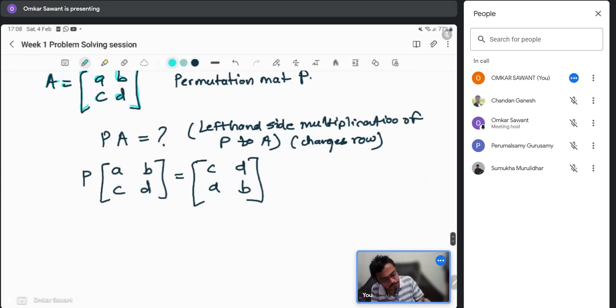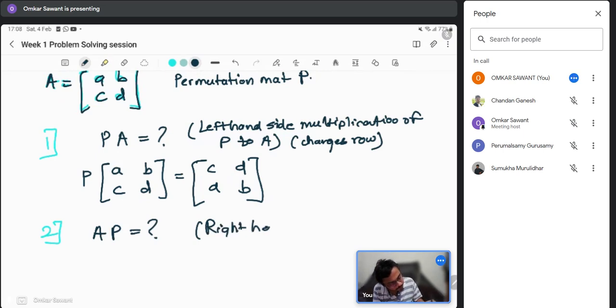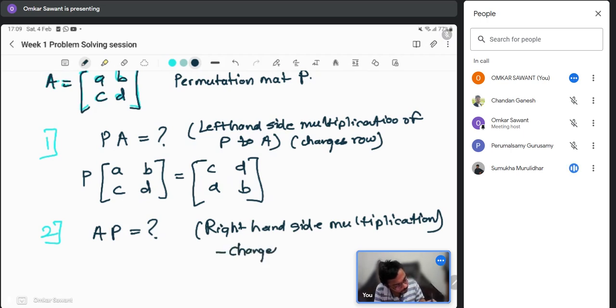Similarly, if I do this right-hand side multiplication, what does it do? It changes the columns.